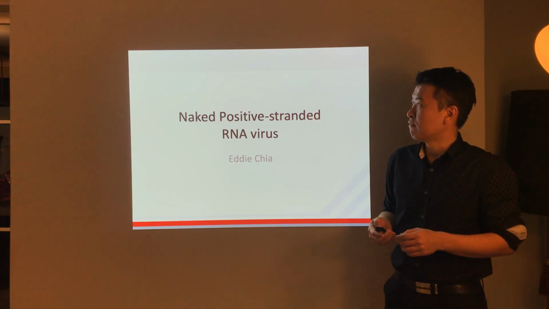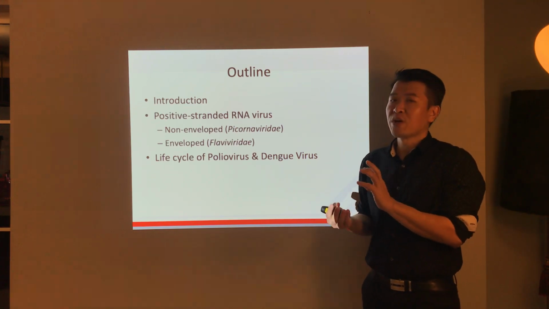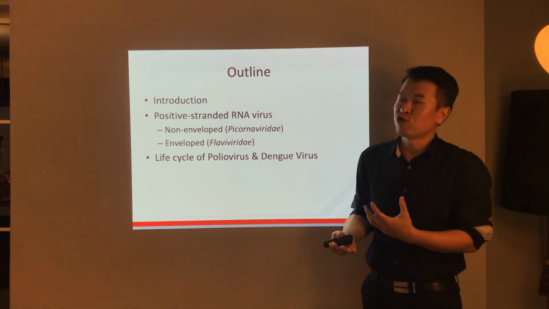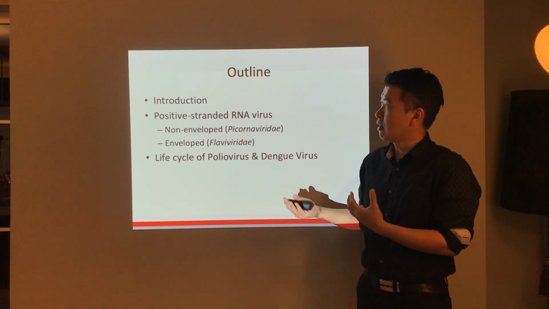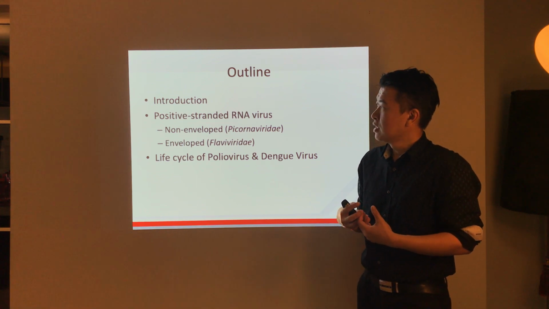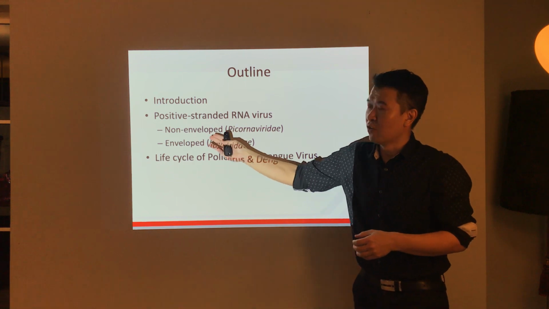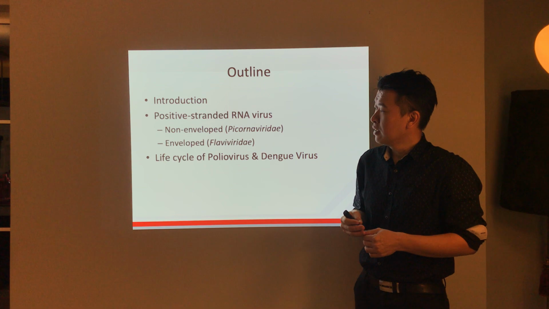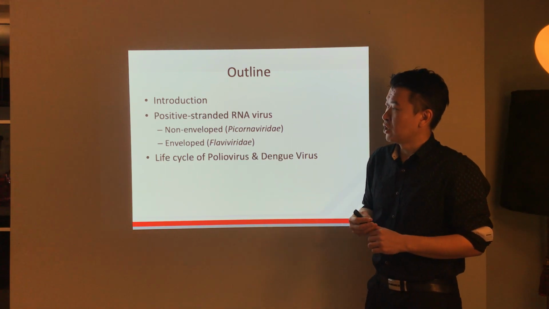positive-stranded RNA virus. The outline of this course is that we'll give you a brief introduction of what a positive-stranded RNA virus looks like, and what the characteristics of this virus are. Then we'll move on to the selective non-enveloped or naked RNA virus, for which we have chosen Picornaviridae, and then the enveloped virus, Flaviviridae.